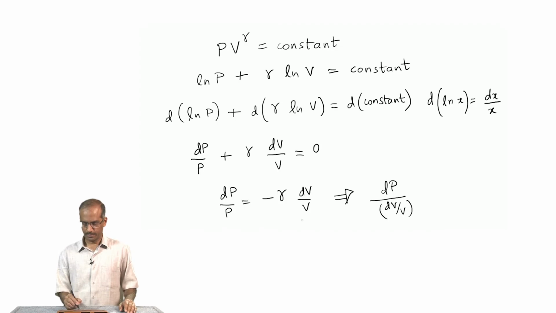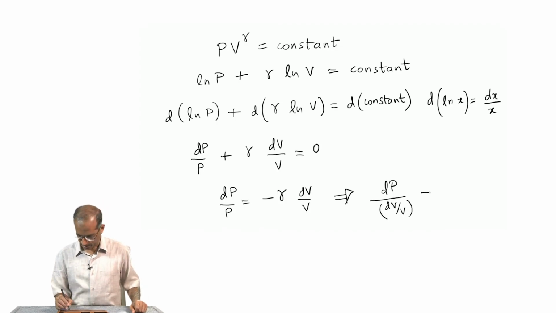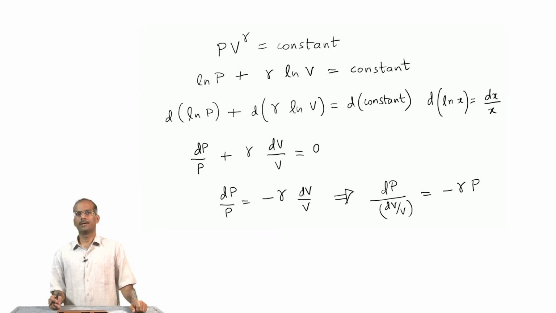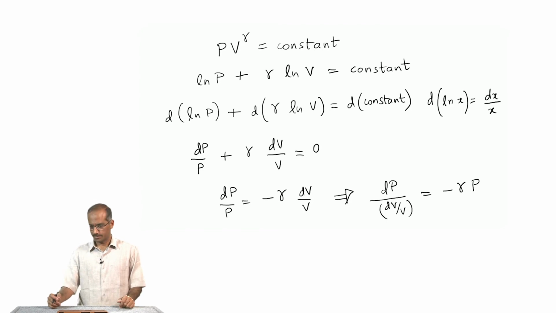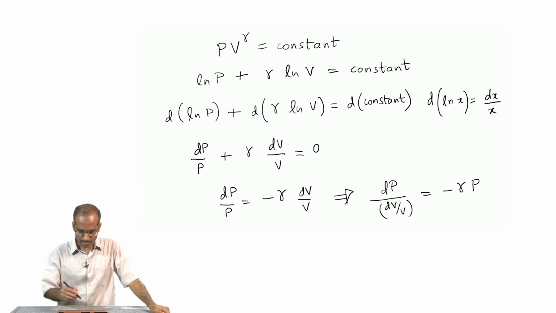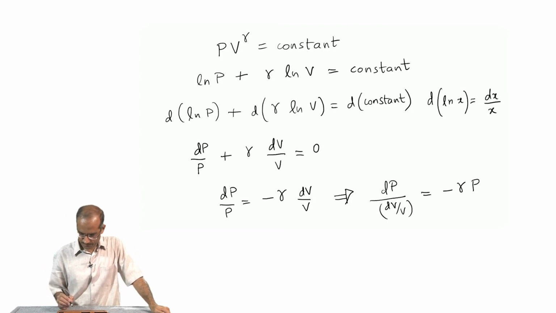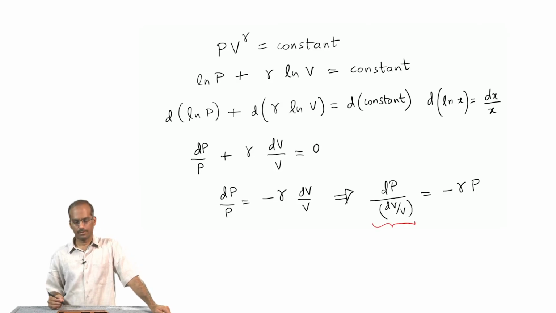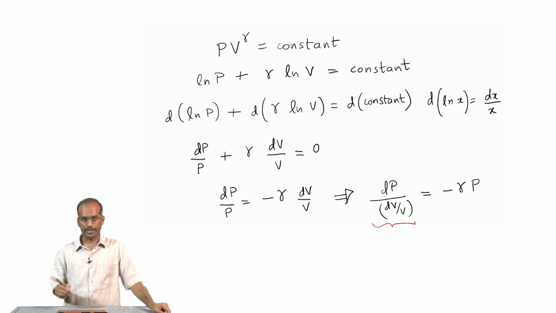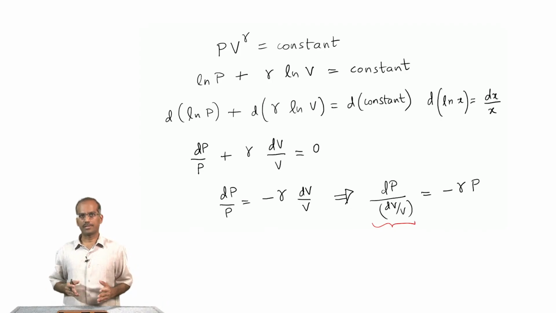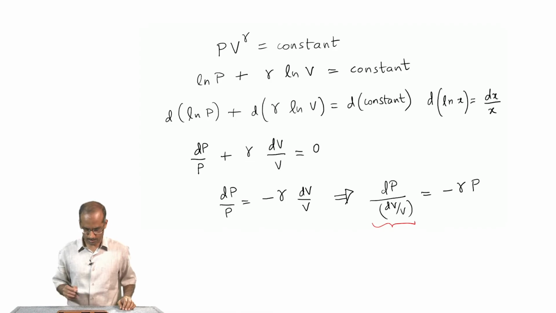So, I am taking this dv by v in the denominator on the other side, and that will be equal to minus gamma times P. Now, if you remember clearly, the quantity that is here on the left hand side, of course, I should have taken the negative sign here as well. If I had done that, that is precisely the definition of the bulk modulus.